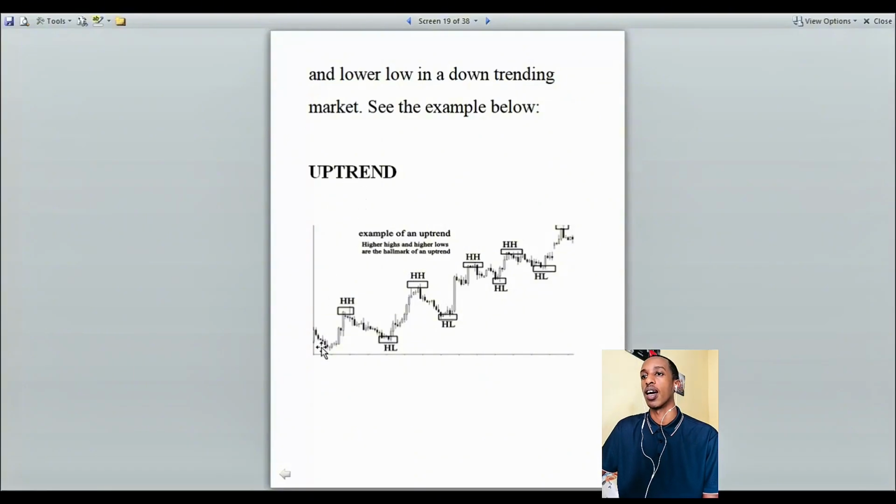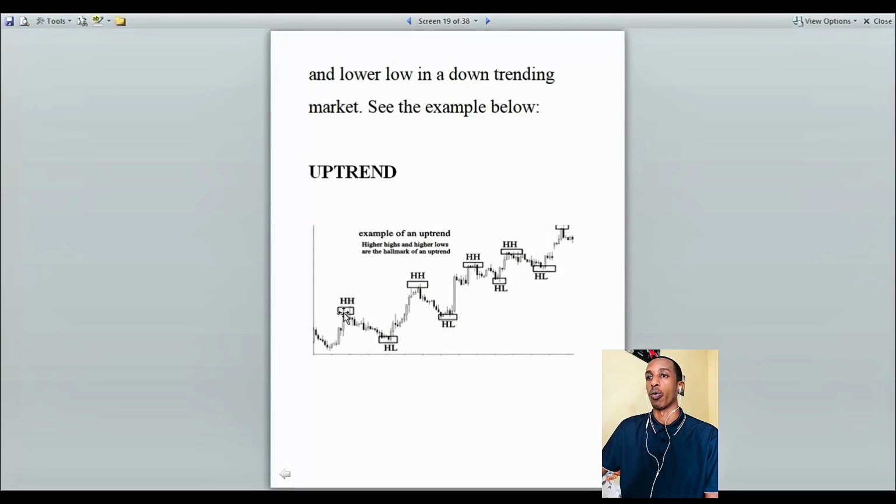In an uptrend there is a formation of higher high, higher low, higher high, higher low. This is a clear indication that when you have the ability to see this market structure, it is in an uptrend. You have to take advantage of buys. There is an opportunity of buys.